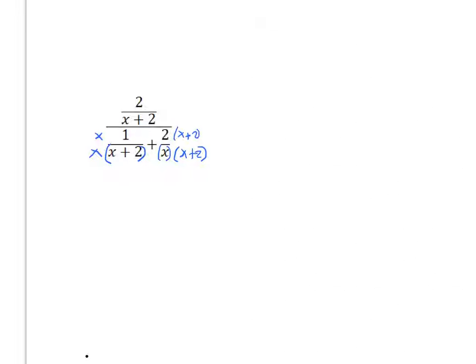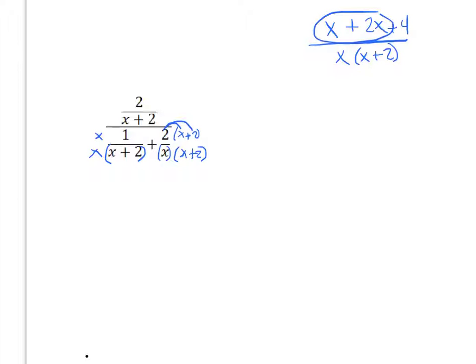So then I'm just going to go off to the side and work this out. On top, on the left, I get x times 1 is x plus, and then I have to take that 2 and multiply it through, 2x plus 4 all over x times x plus 2. I'm not actually going to multiply those together because that'll probably cancel later. And then simplifying, I get 2x plus x is 3x.